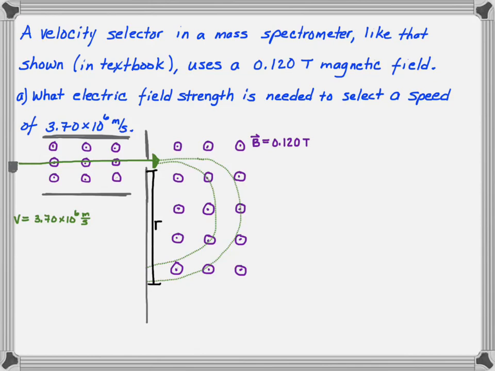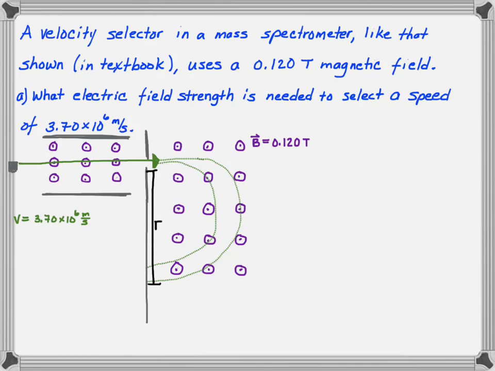The electric field is running in the same direction as the charged particle, and the magnetic field is perpendicular to the motion of the charged particle. The selected speed, the particle that has this particular speed, has to go straight through this opening.